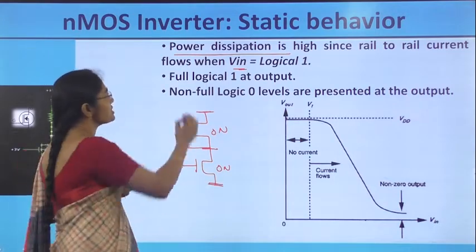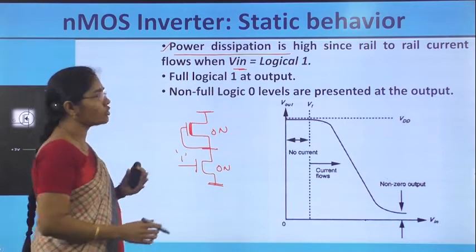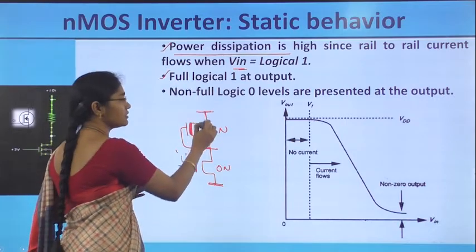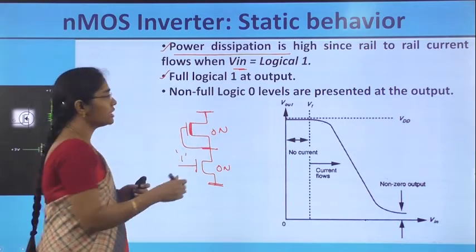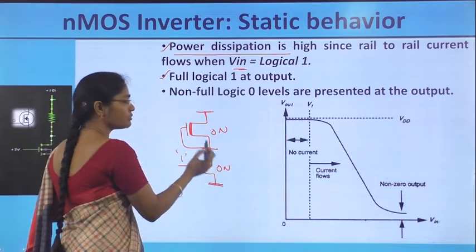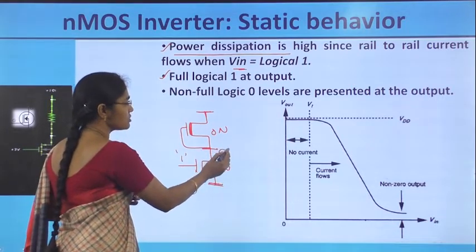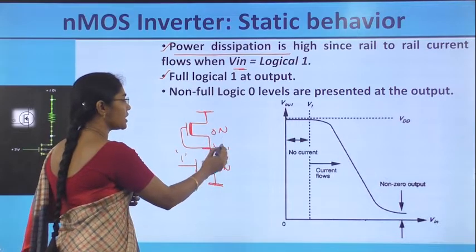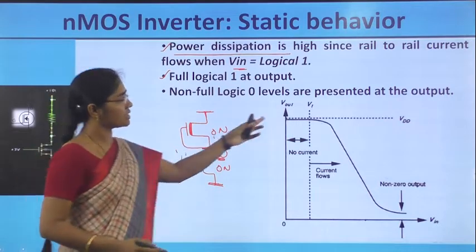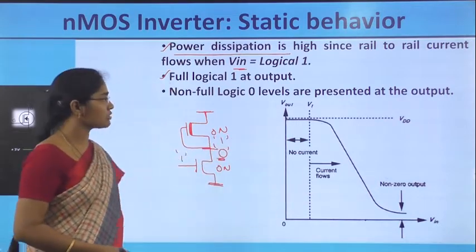Therefore, power dissipation is high. Then the output is full logic high for the output of 1, but the output is non-full logic 0. So 0 is non-full, but 1 is full. That is represented in the characteristic also.